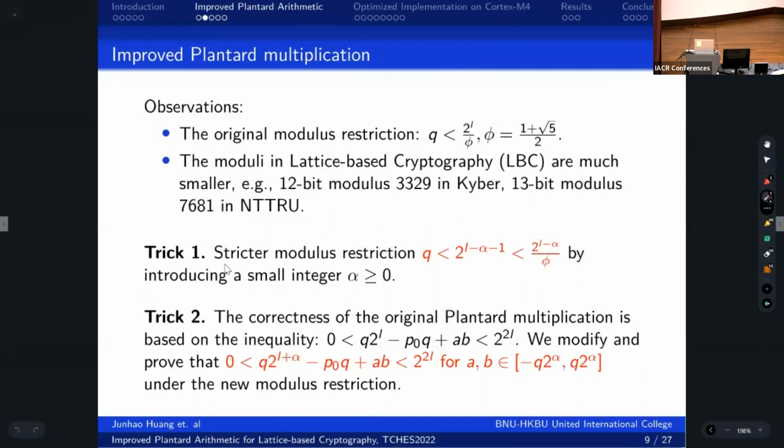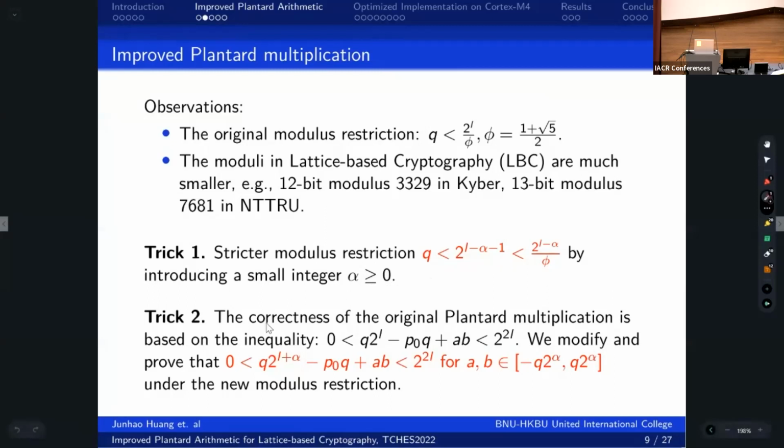Based on these 2 observations, we put a stricter modulus restriction over Q by introducing a small integer alpha, where alpha is bigger than or equal to 0. The new modulus restriction is Q is less than 2 to the power of L minus alpha minus 1.